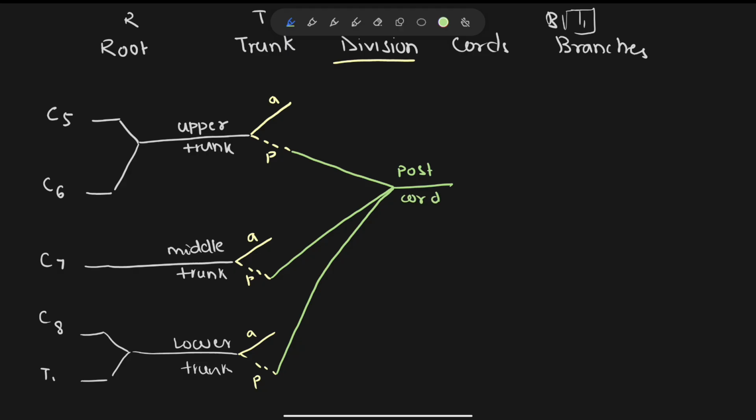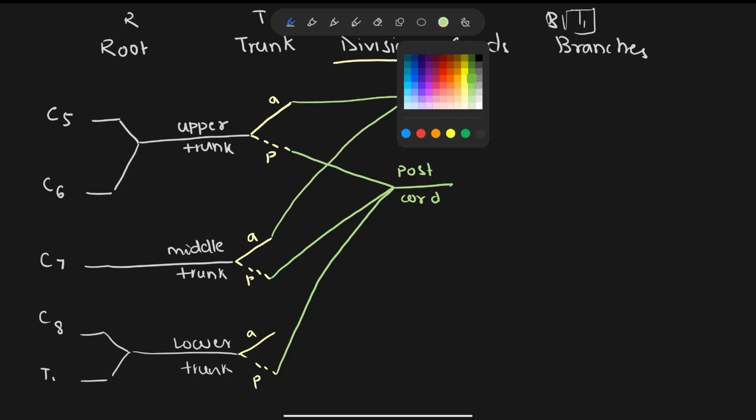Okay, now how is lateral cord formed? Lateral cord is formed by the anterior division of upper trunk and the anterior division of middle trunk. Do you see? I am saying only anterior division. Upper and middle will form lateral cord.